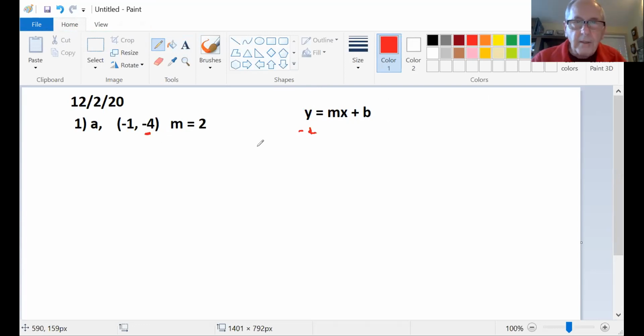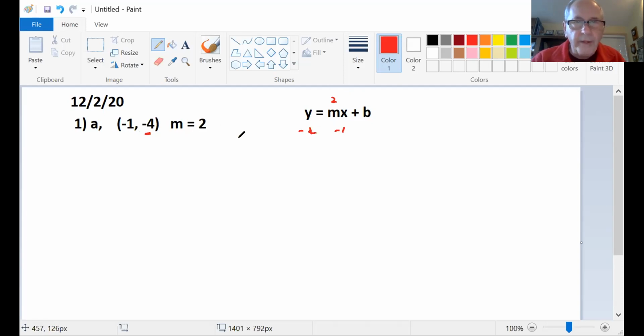That's one point. Now the other point is -1 on the x-axis, so this x here is going to be -1. And we know what m is. m is 2, it's given. So we have everything but b, and we're just solving for b.